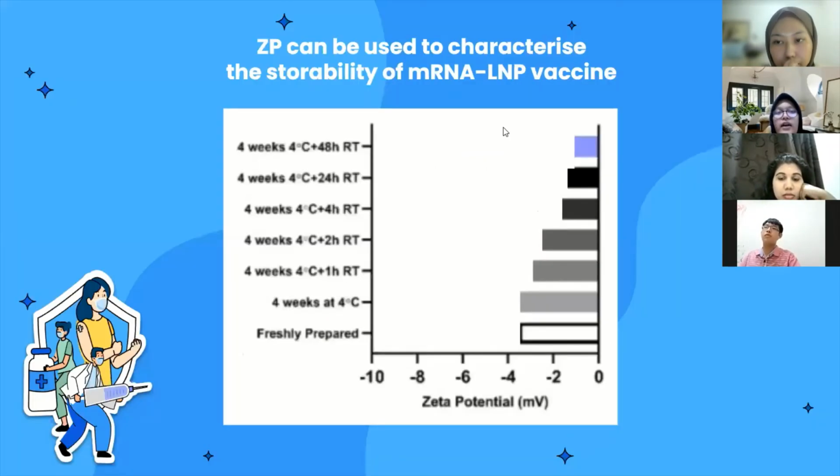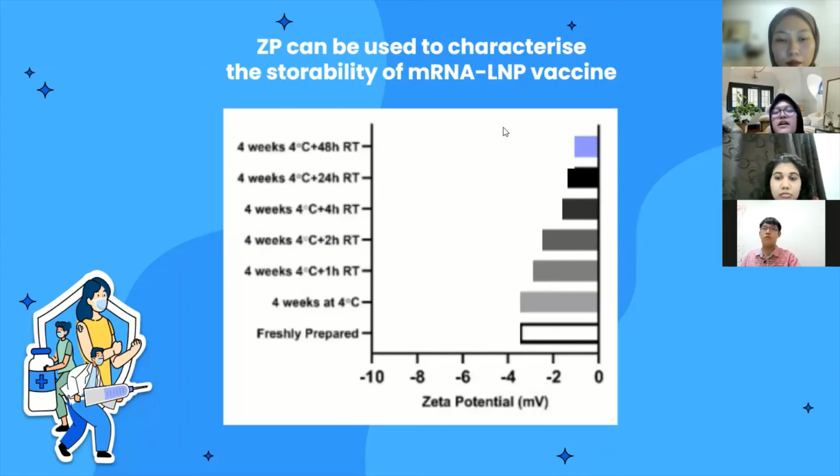Okay, the next one, zeta potential can also be used to characterize the durability of mRNA lipid nanoparticle vaccine. We can see here that when our vaccine is freshly prepared, then stored in the refrigerator for 4 weeks, and after that kept at room temperature for 1 hour, 2 hours, 48 hours, the zeta potential increases.